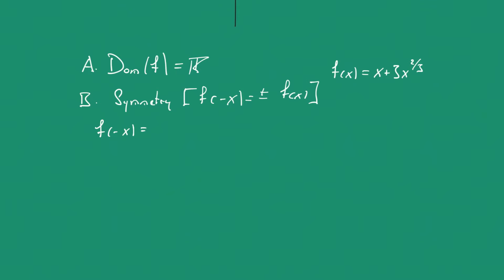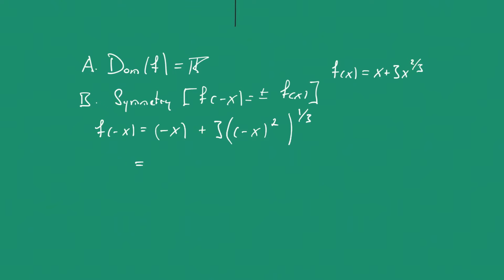We're just going to replace all occurrences of x in the formula for f by -x, and we'll have -x plus 3 times (-x)^(2/3), and that 2/3 I could, notice, write as ((-x)^2)^(1/3).